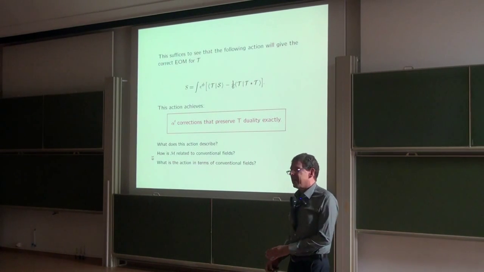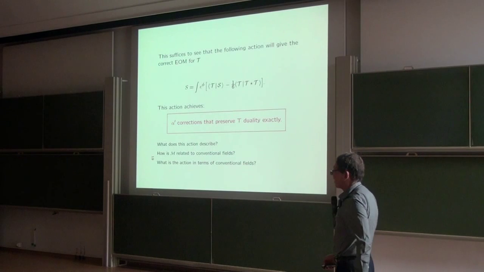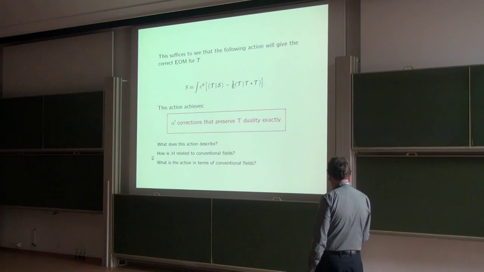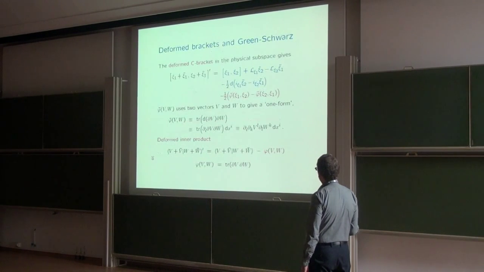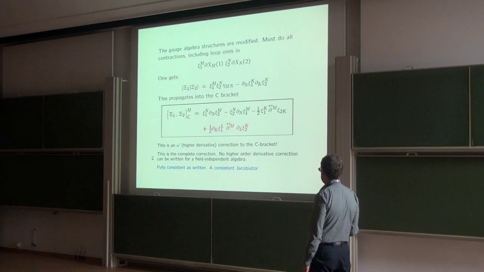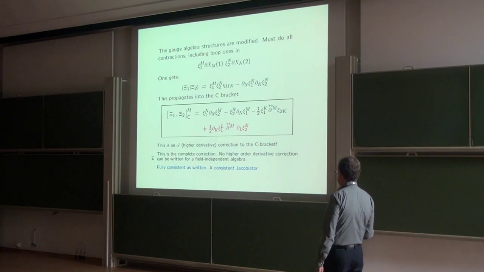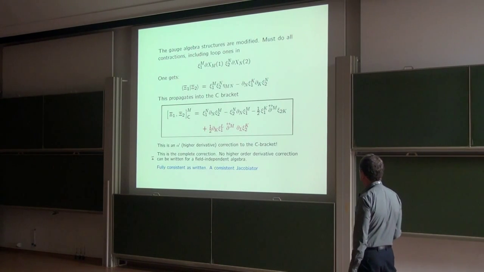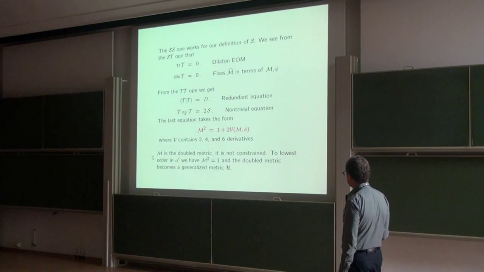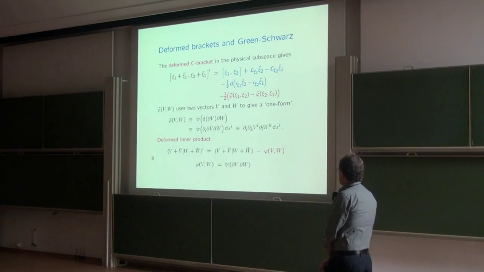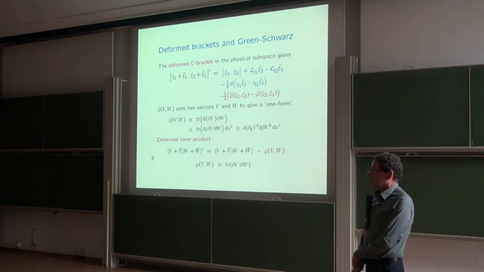So we now leave this theory for a second, and we're going to try to understand what it is. The first point is to remember that in this theory, the gauge structure of the C bracket had an extra term. So we want to understand what that is. It's deformed brackets.